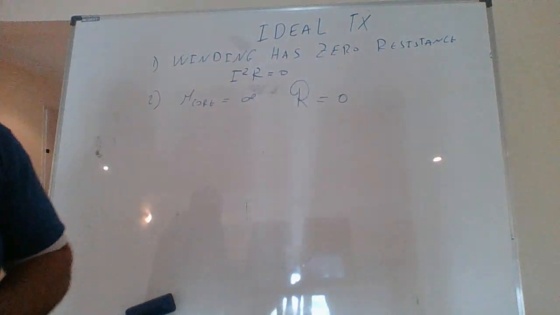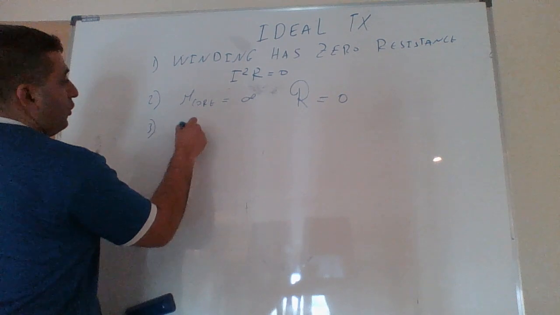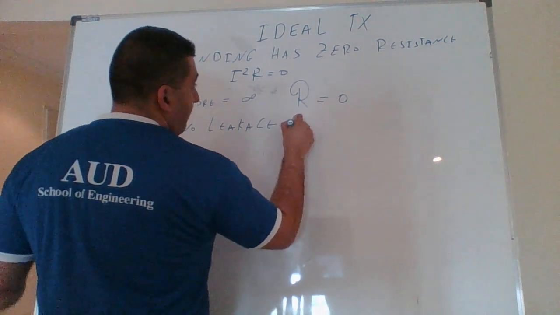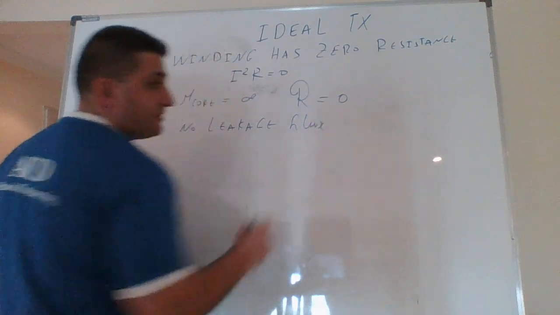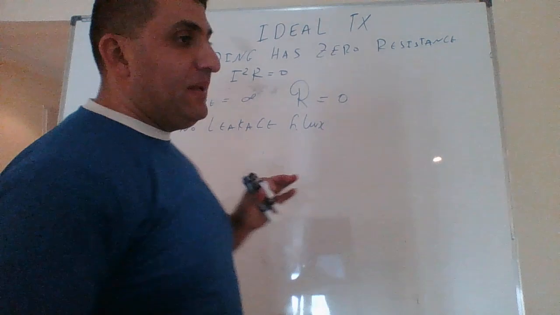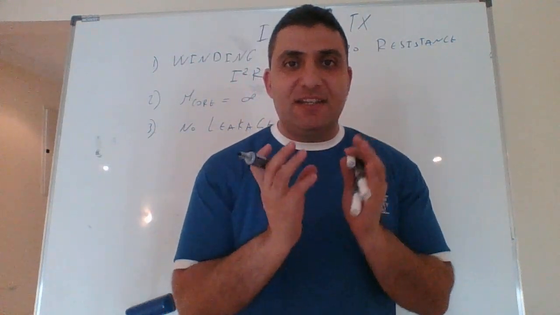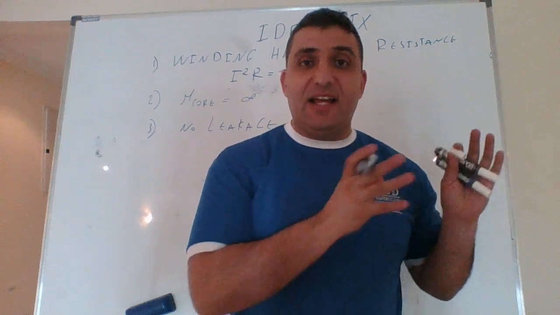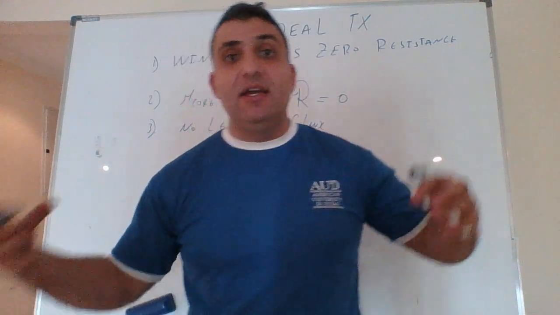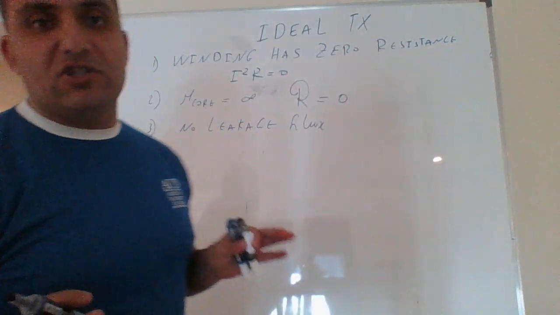And number 3, the leakage flux. I have no leakage flux. That means the flux generated, the phi generated at the primary side, all of it goes to the secondary side and gets converted back into electricity, no losses whatsoever.